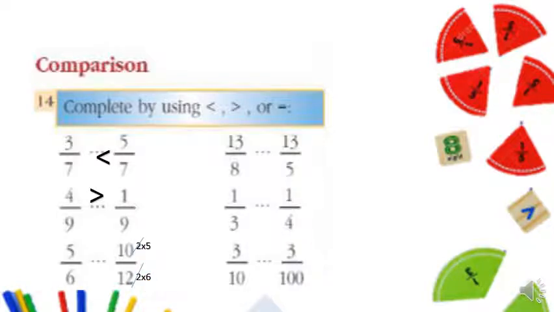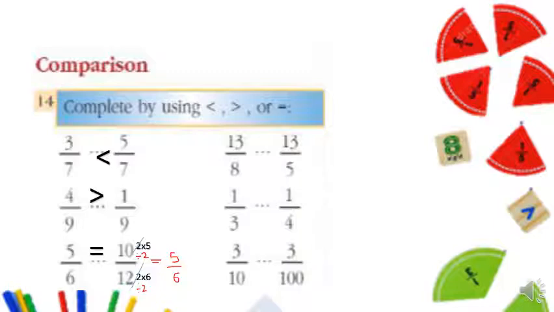How? By dividing the numerator and the denominator by 2. So I got an equal answer, so these fractions are equivalent.